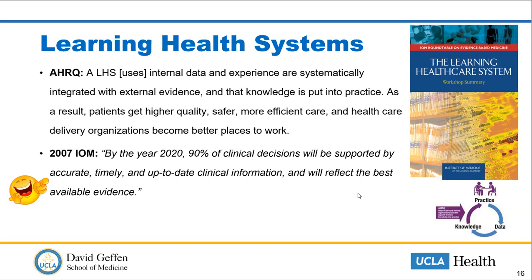So basically, 15 years ago, people expected that EHRs would be at the point where you have up-to-date information at your fingertips, that the computer would tell you, this patient has this problem and you should think about these therapies, and automate the orders and support you. But that really hasn't happened at all.